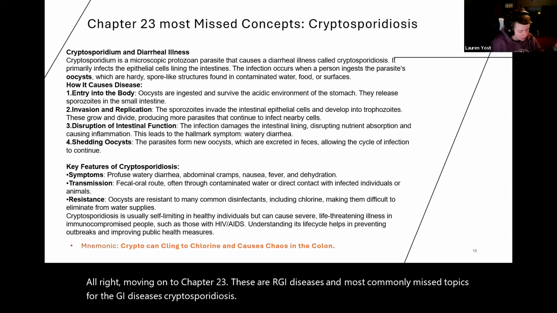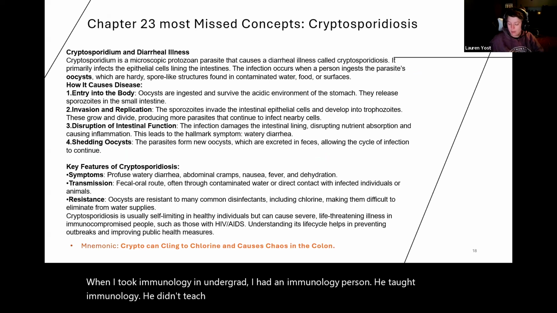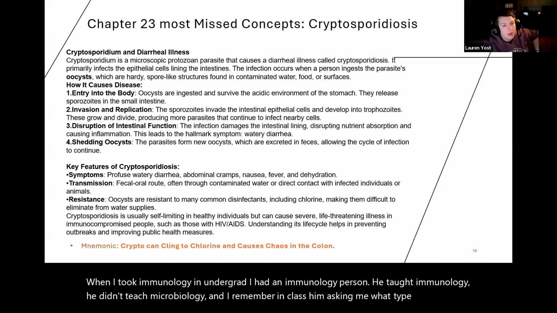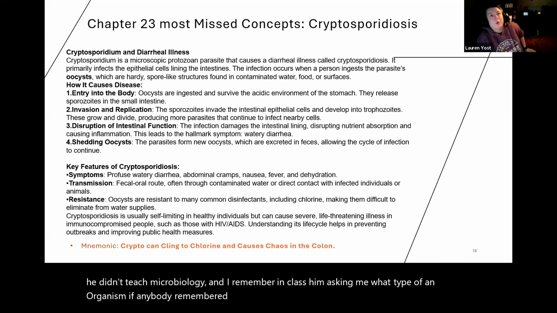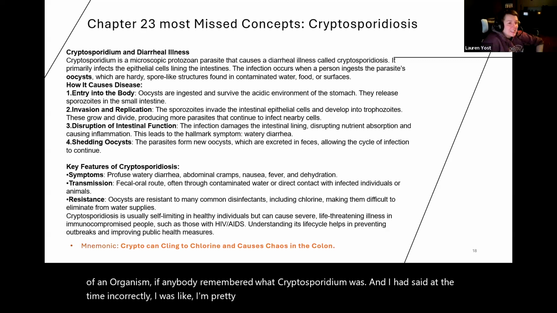When I took immunology in undergrad, I had an immunology professor. He taught immunology. He didn't teach microbiology. And I remember in class him asking if anybody remembered what type of organism cryptosporidium was. And I said at the time, incorrectly, I'm pretty sure it's a fungus.